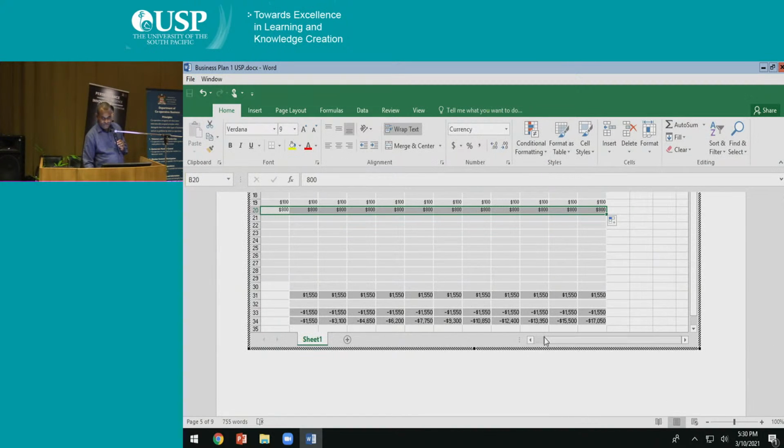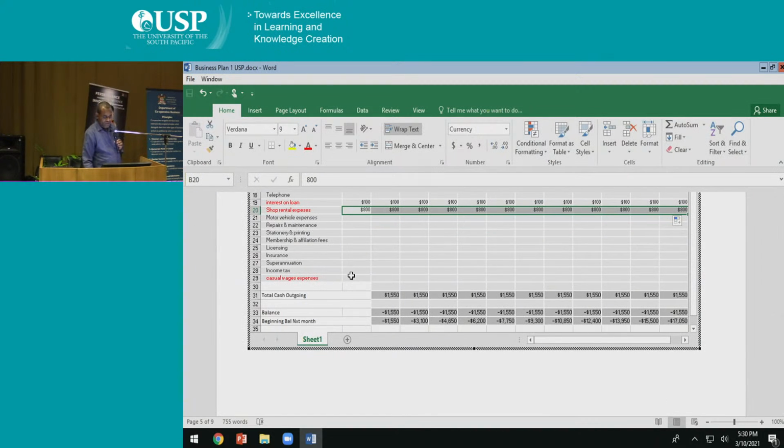All right. And then the last one, wages. So she's employing an employee, a casual labor. Now she's very smart. Okay? Not a full-time labor. So how much shall we pay this?